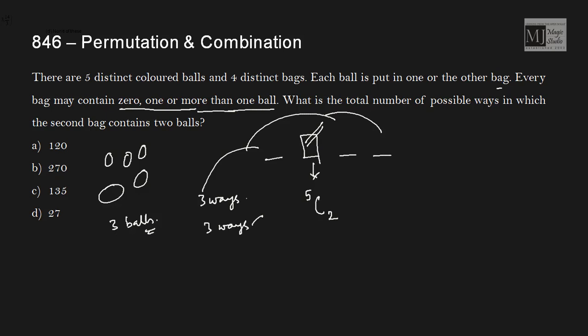The third ball again will have 3 ways of being put in these 3 bags. So the number of possible ways in which this can happen is 5C2 into 3 to the power 3. 5C2 is 10, 3 to the power 3 is 27, that is 270 ways.